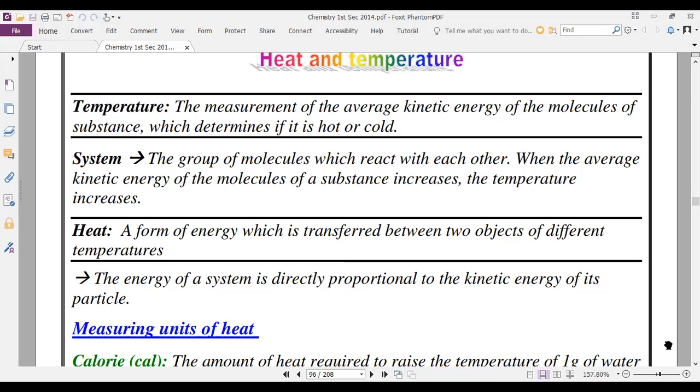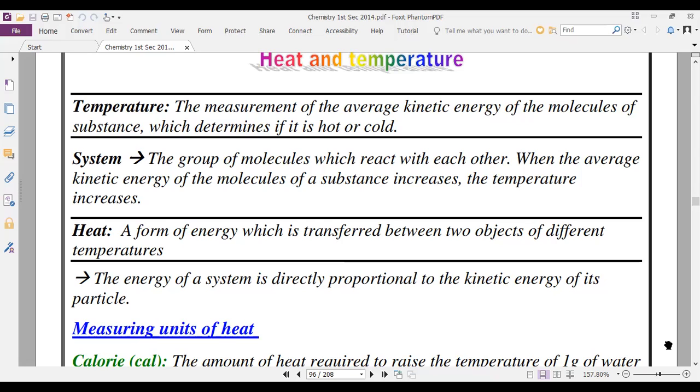Heat must transfer from the higher temperature object to the lower temperature object. So when you touch a piece of ice, your hand is the higher temperature object, right? Yes.